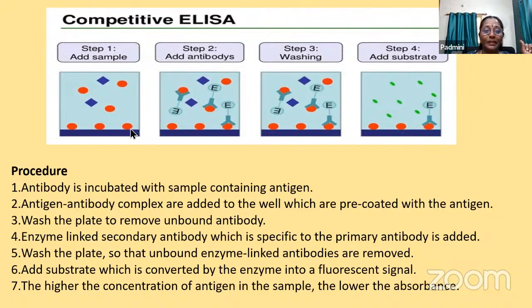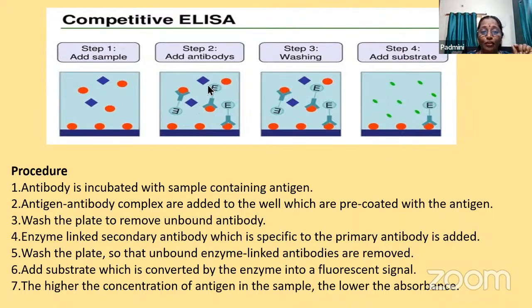Okay, so what is happening now? Once this is added, you're going to incubate it for some time, and wash the plate to remove any unbound antibody. For example, over here, you have added antibody and you have also added antigens. If the patient is suffering from HIV, the antibodies that you have added into that solution are going to get bound to the antigens of that particular patient.